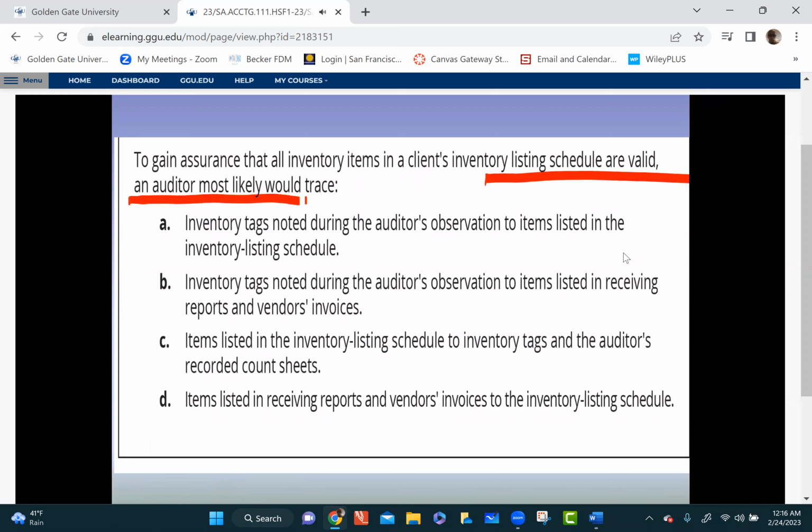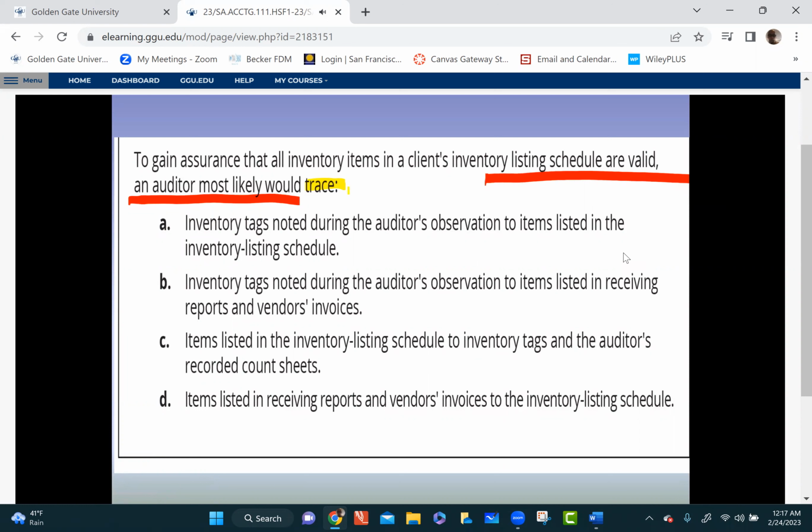If we're interested that things are valid, then we're talking existence. Now, you have to be careful because they're using the word trace here. Sometimes when we're first studying auditing, we usually say vouch for existence, trace for completeness, and so it's very easy to get confused.